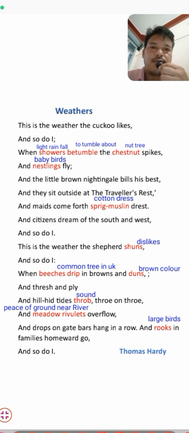Students, in the reading 2 text, we have a poem, Weathers, written by Thomas Hardy. In this poem, we will discuss springtime and winter time.